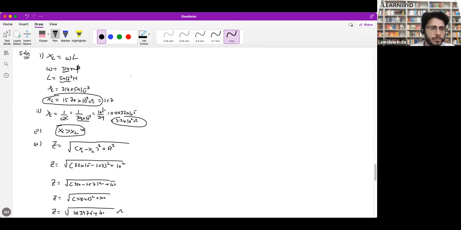There is one more question in NCERT on the same concept. Let's solve that one also. Tell me once you have written, I'll scroll it out.